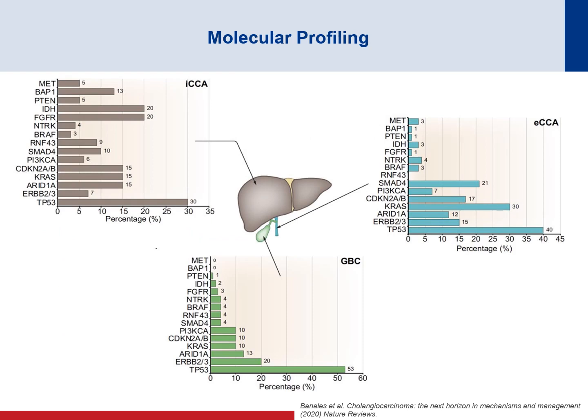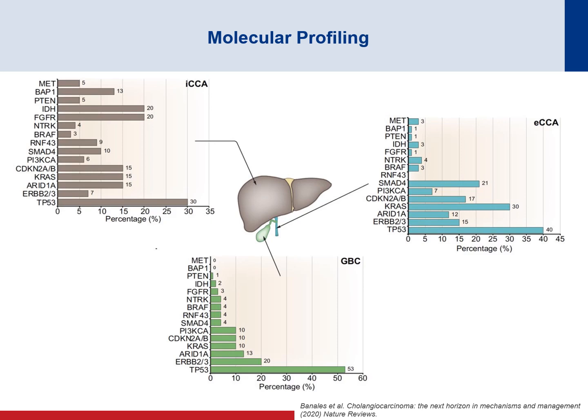In the past decade, increasing efforts have been made to understand the complexity of CCA based on the molecular profiling of these tumors. As a result, novel targeted therapies have been developed, which are now also administered in clinical settings.